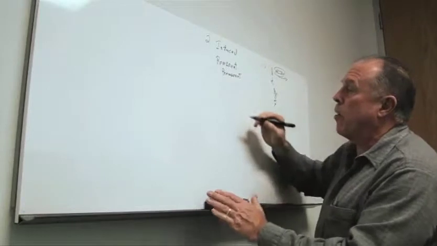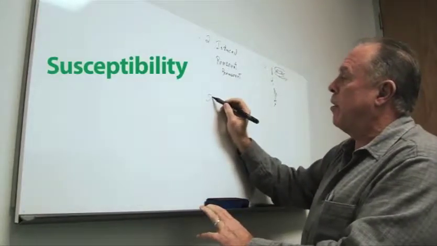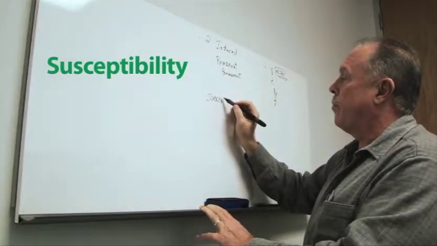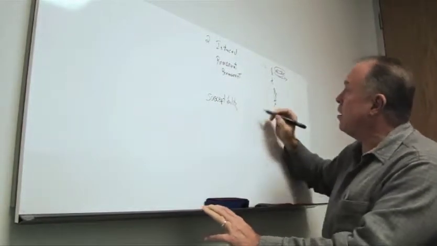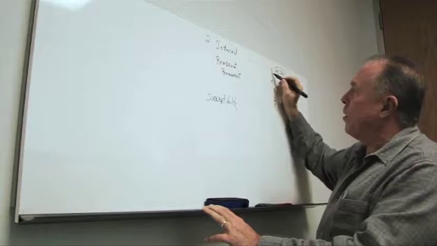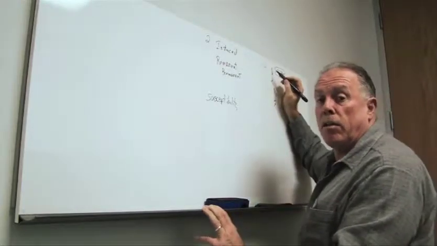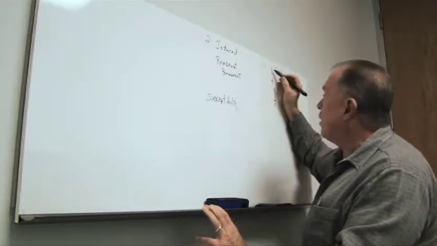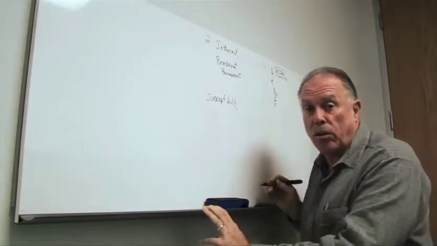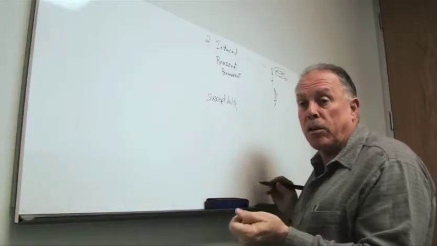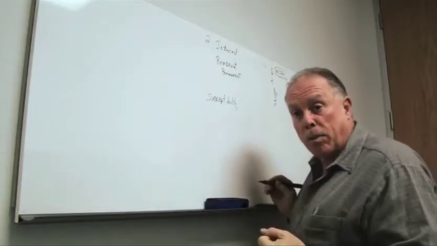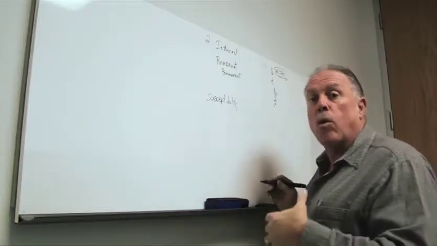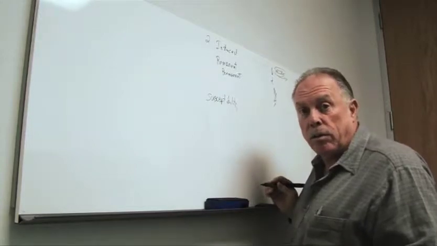The next term we want to talk about is susceptibility. Susceptibility simply means how susceptible this paperclip is to being magnetized. So it's a property of the steel, if you will. It's a property of the material in that items with high susceptibility are more easily magnetized or pick up a magnetic field.